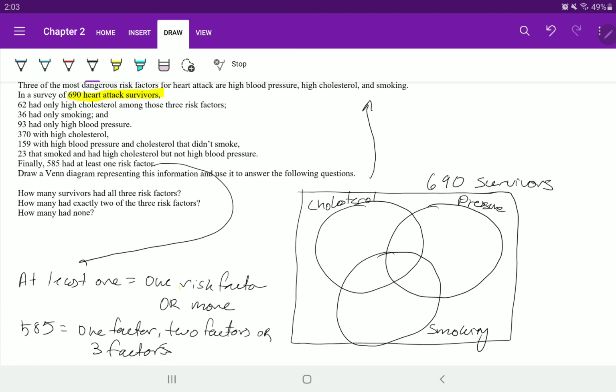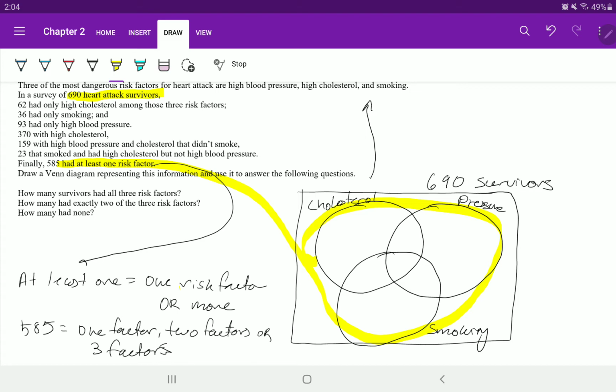Or means union. And union means to combine all the sets together to form one overall set. If I'm saying I have one risk factor, two risk factors, or all three risk factors, I'm saying that 585 will be the sum of my circles.